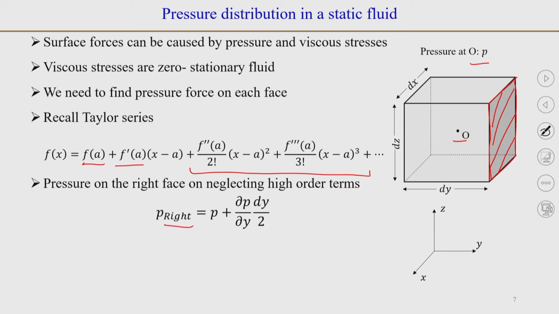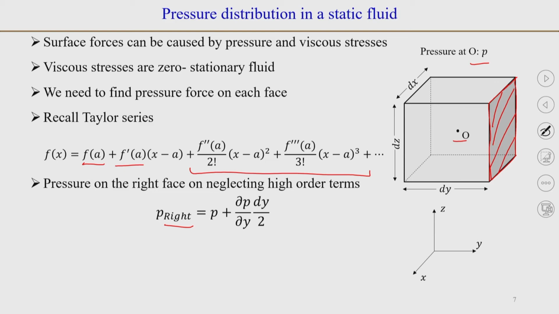So, pressure on the right surface will be P plus del P over del y into dy by 2. Now, somebody might say, why are we not considering the variations of pressure at the top and bottom, above y, along the x direction and the z direction.